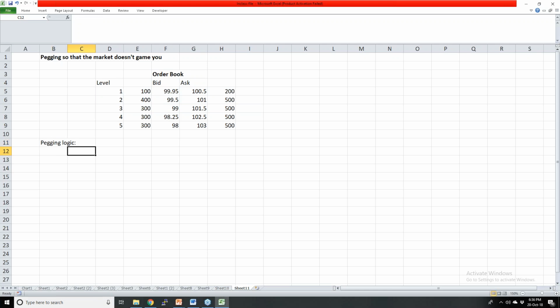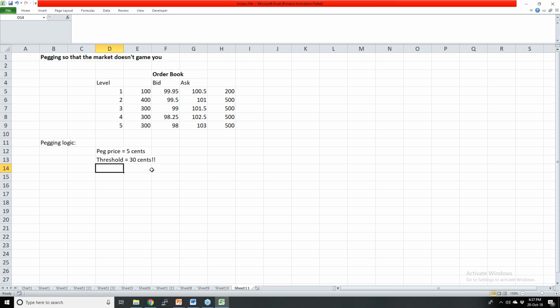What is that pegging logic? You can have peg price, say, equal to $0.05, right? So I'll just give you the logic, so please feel free to change it according to you. And I will set a threshold, say threshold is equal to 30 cents, right?